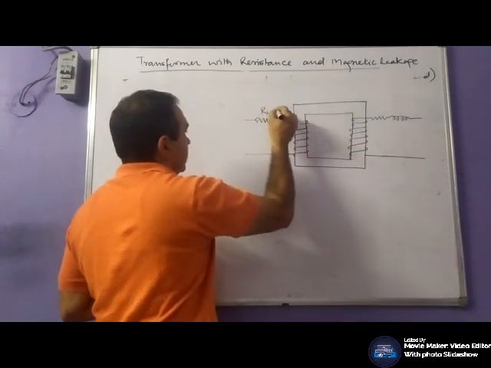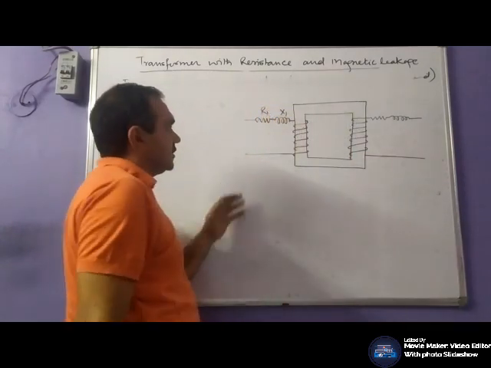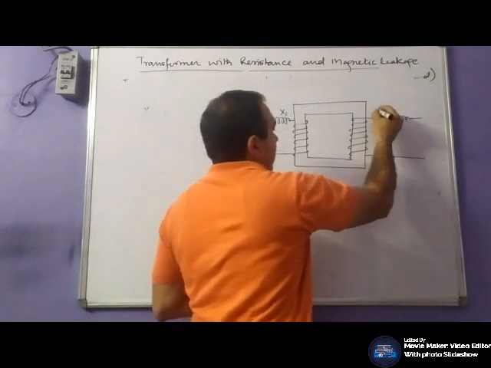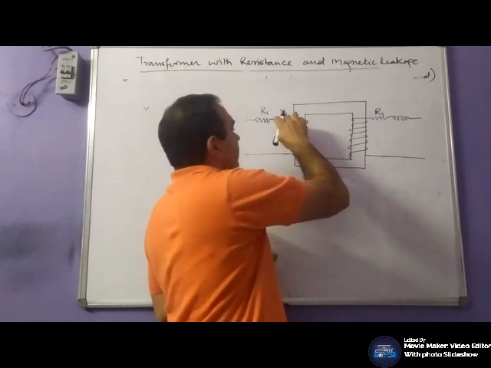Let R1 be the primary side resistance and X1 the primary side reactance, in place of XL1.